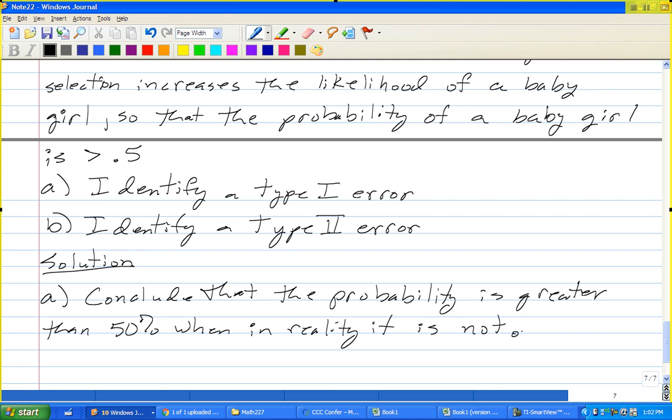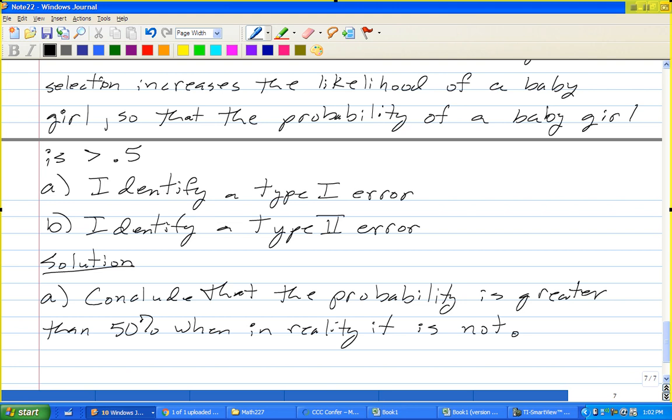So you conduct some sample, and in this sample, there are a lot of baby girls. Therefore, you conclude that the probability of having a baby girl is greater than 50%.